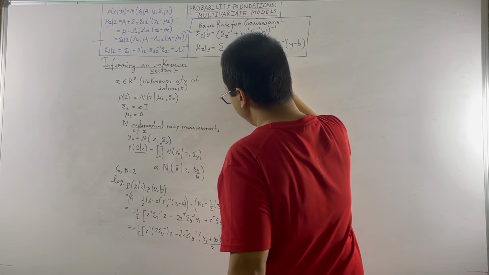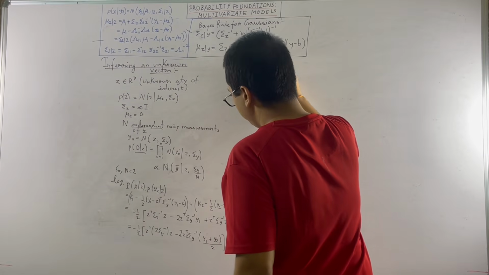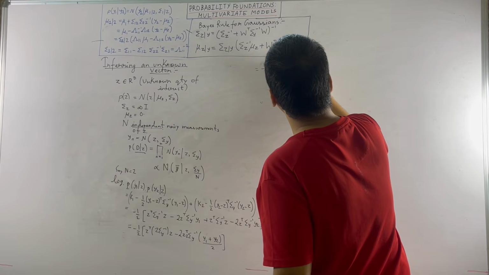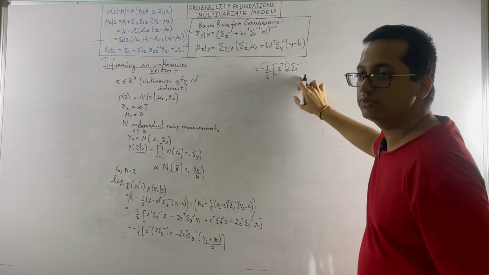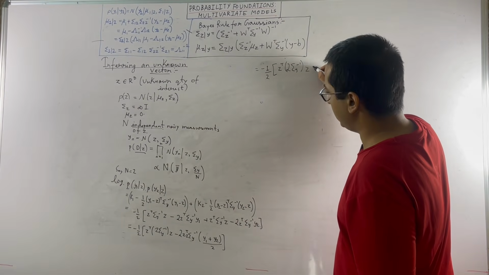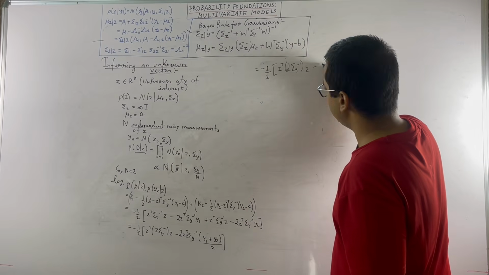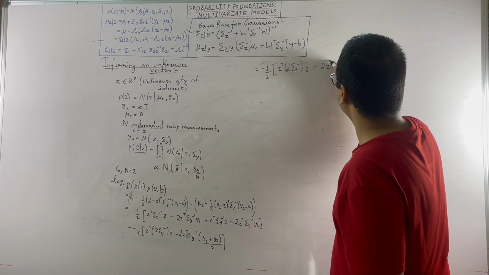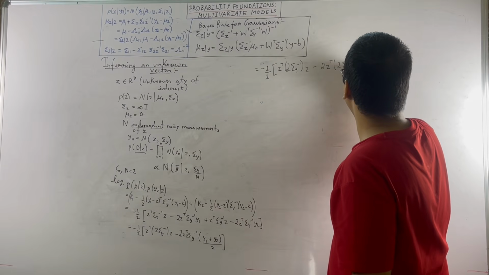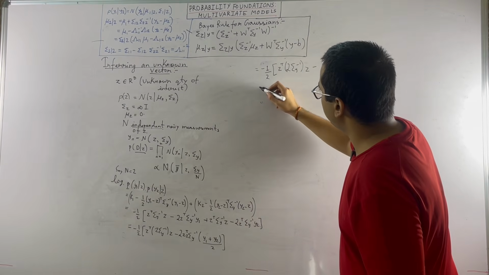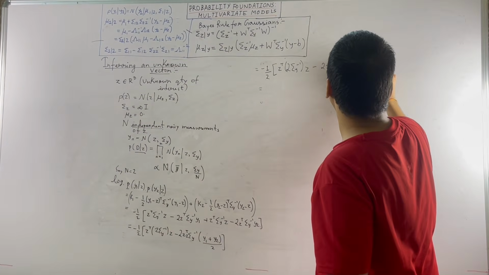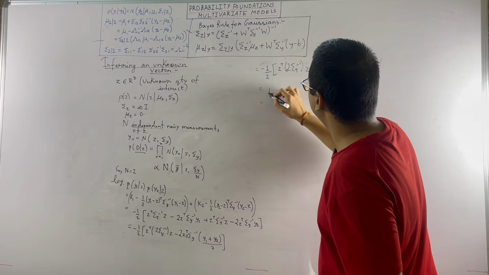Effectively this 2 times sigma y inverse is the precision, so what you get is minus 2z transpose, 2 sigma y inverse y bar, plus some constant, let's say k prime.